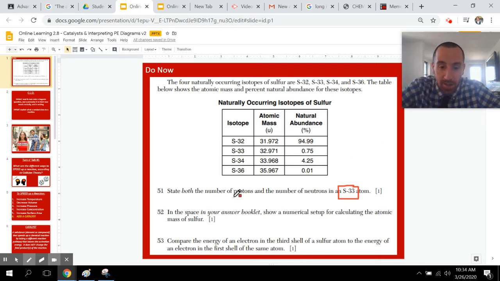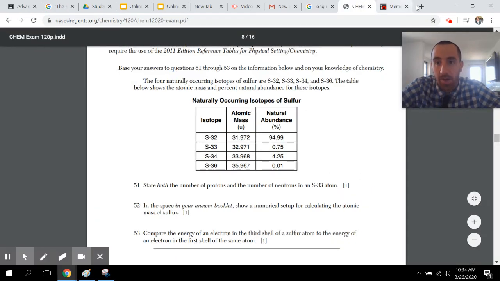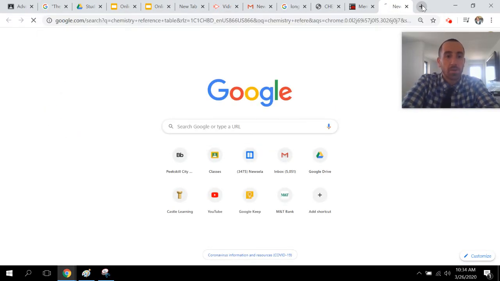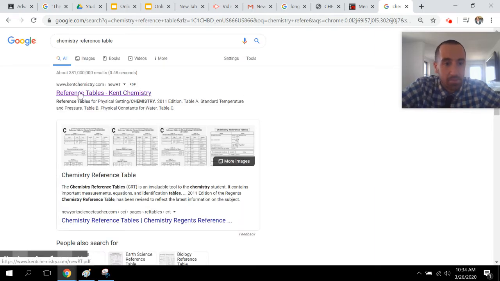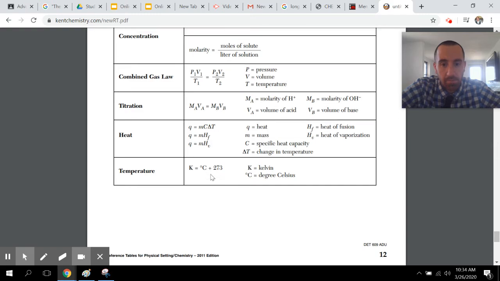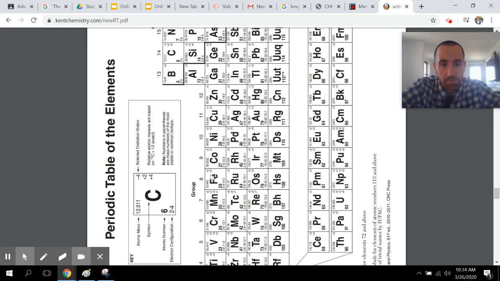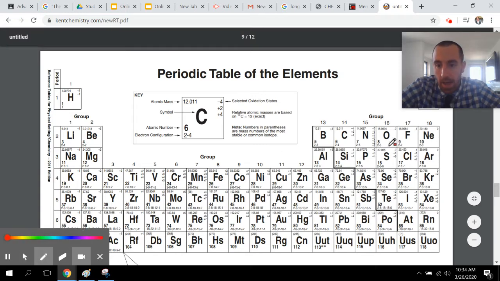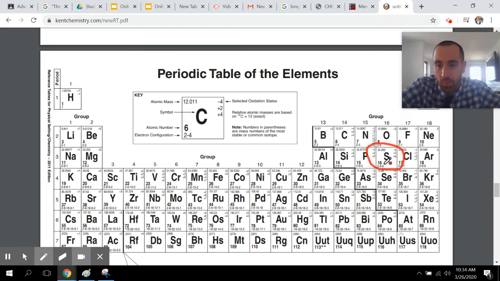So number 51 is, I think, a pretty manageable question. The number of protons always deals with the symbol of the element. So S has, oh, that's not right, chemistry reference table. S has, let's see, right here, S has 16 protons. That number, the atomic number, tells you the number of protons.